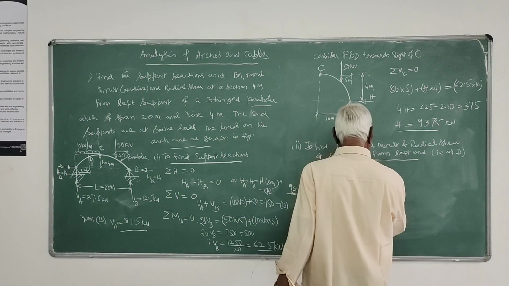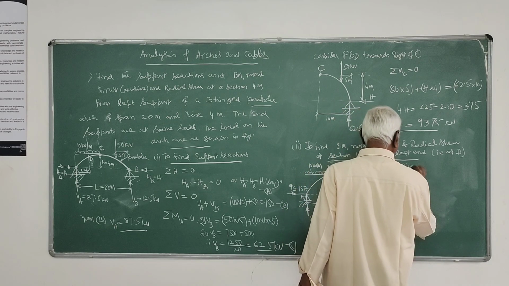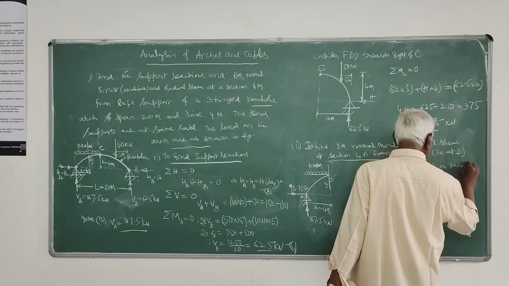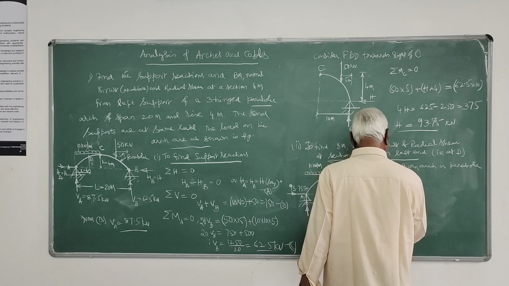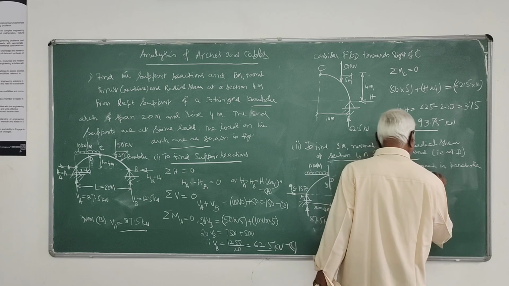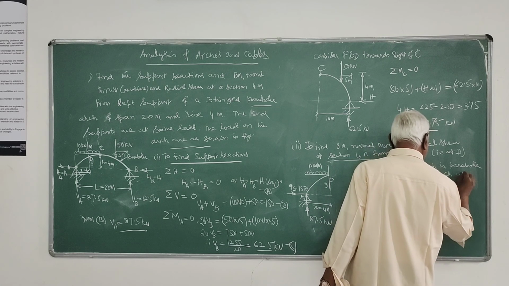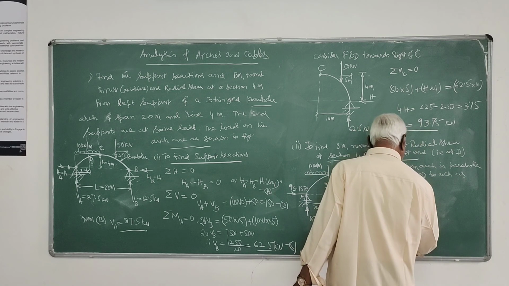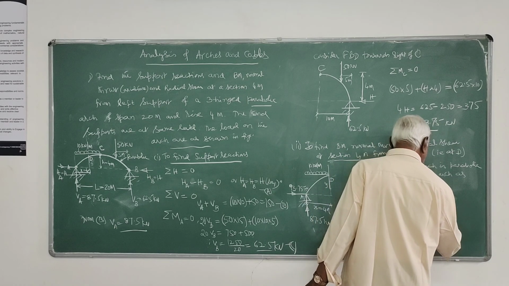So since the given arch is parabolic, we have the equation for the arch as Y equals 4HX divided by L square into (L minus X).